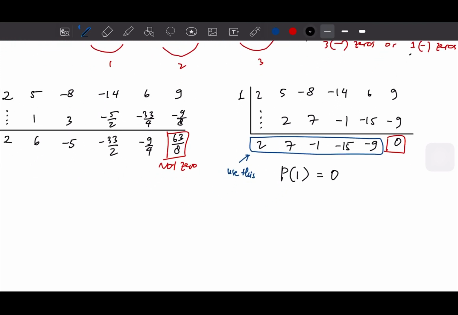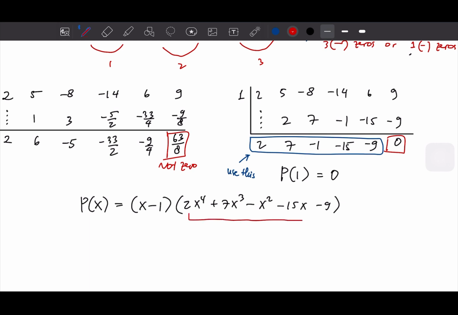We could write our P of x as x minus 1 times 2x^4 plus 7x^3 minus x^2 minus 15x minus 9. And then, to find another positive zero, we are going to use this through synthetic division.